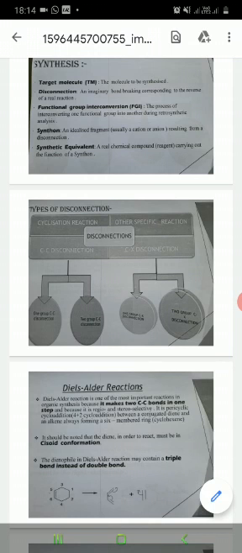The disconnection is denoted by a double line arrow called a retrosynthetic arrow, commonly used to indicate the reaction written backward. So the actual reaction is in inverse. In disconnection, which reagent is best can only be determined by experimentation.